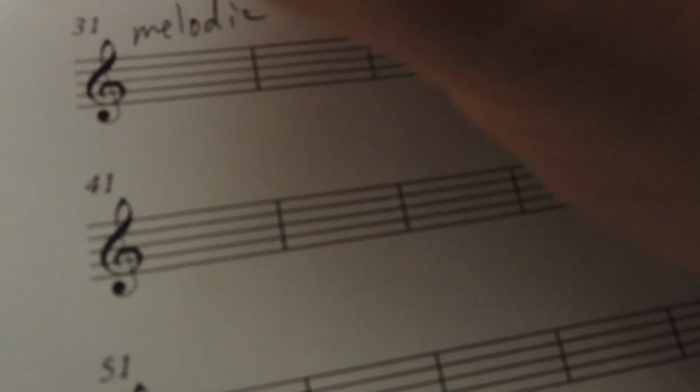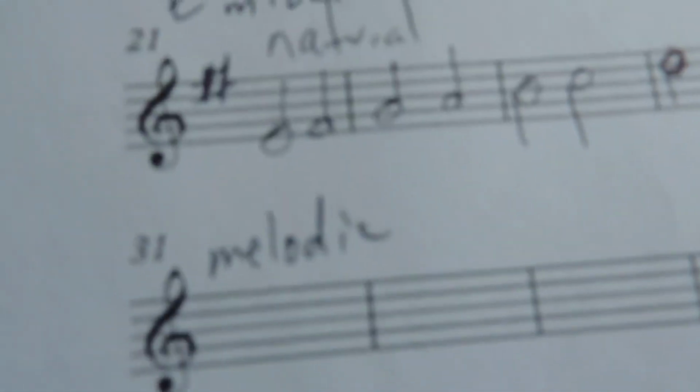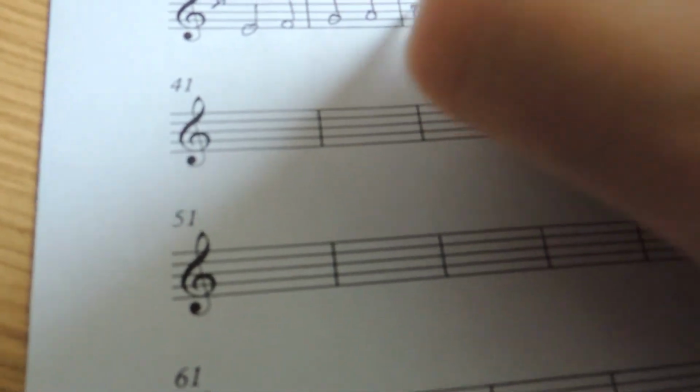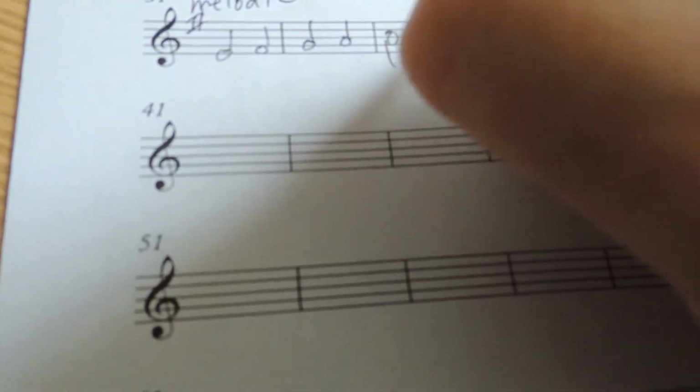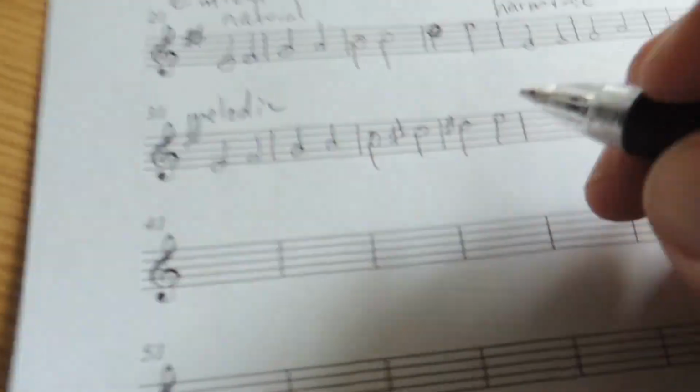Remember here, this is E minor. Now we're going to do the melodic. Again, we need to write F sharp in the key signature. E, F sharp, which is already there in the key signature, G, A, B. Now, C sharp is the 6th scale degree, so we add a sharp there.